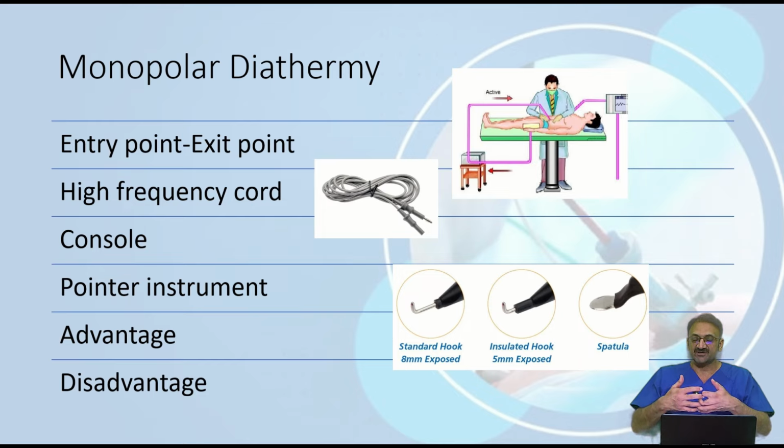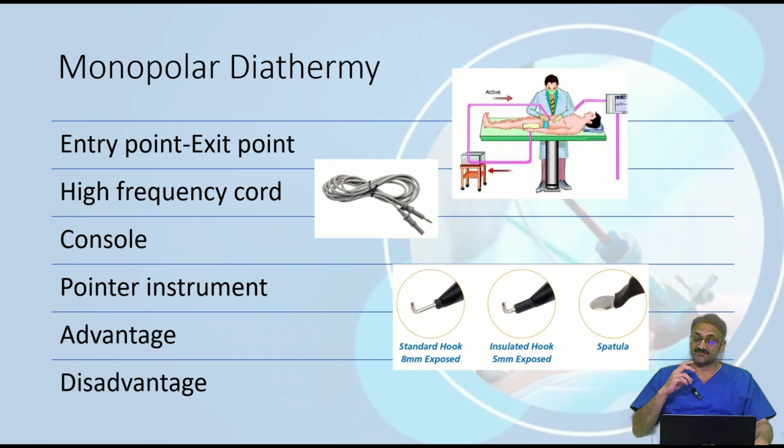After completion of this cycle, physiologically, there is a refractory period in which, even if there is an electrical stimulation, the action potential will not be generated. So the high frequency cord is the cord which produces electricity at such a high frequency that action potential is not generated in the muscle.